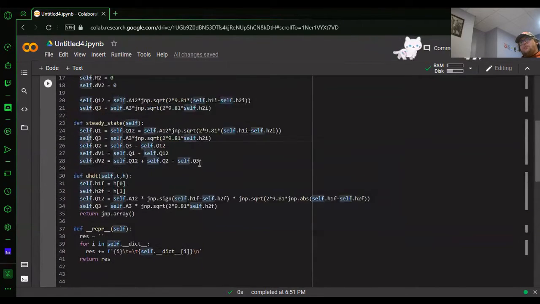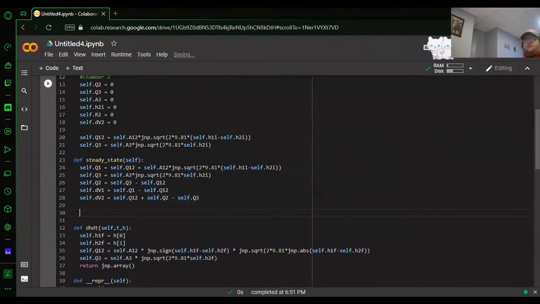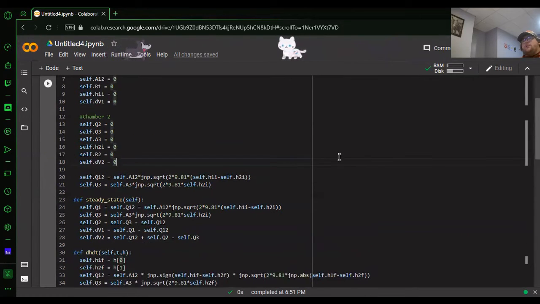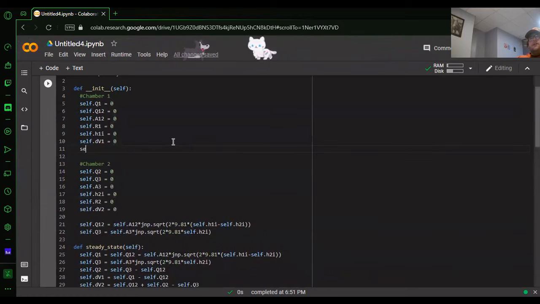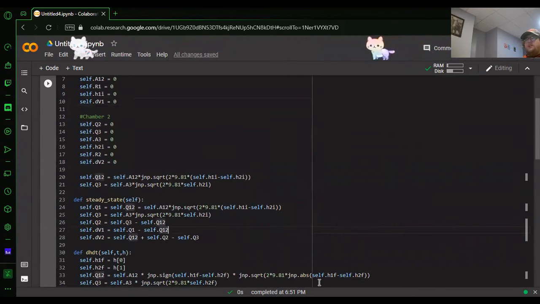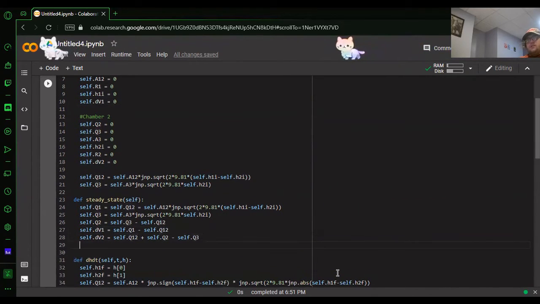So before we do that, we need to define two more methods. Probably easier if I do it up here. So we have self.q1t equal to lambda, or actually, hold on. Let me put it in the steady state method.